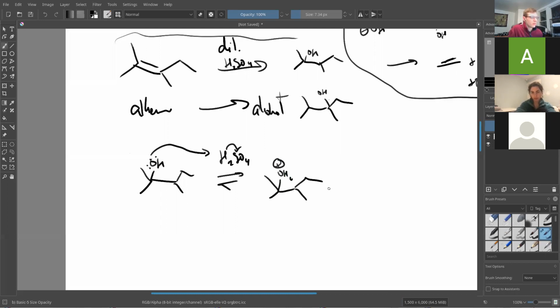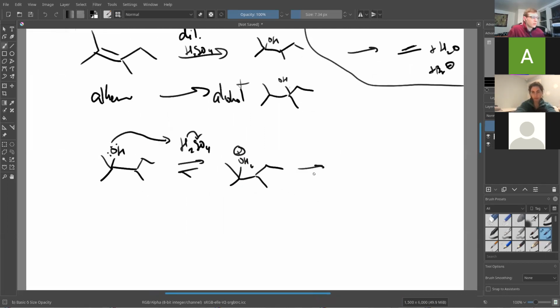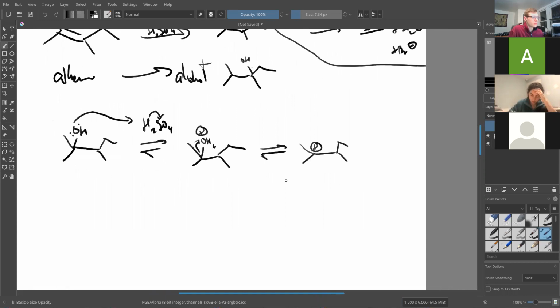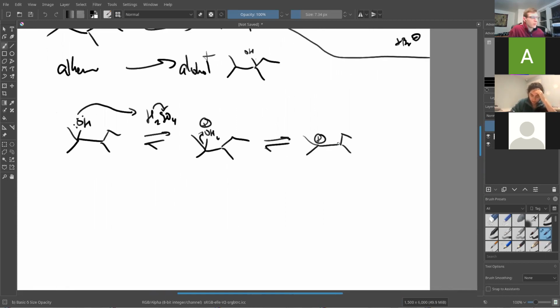And then this thing will just come off. And there's a hydrogen over here, and now we have this HSO4 minus, this counter ion. You could also use water here. They're not going to fault you if you use water.